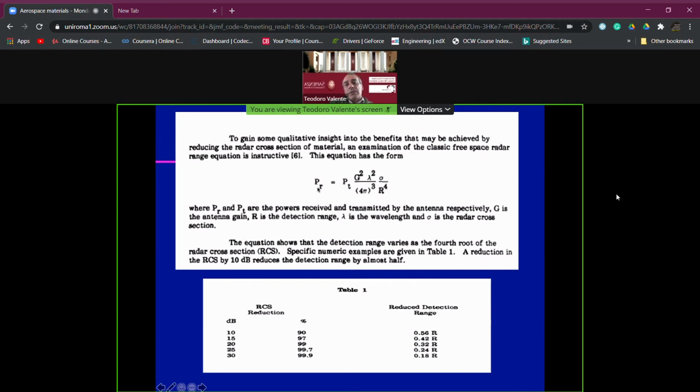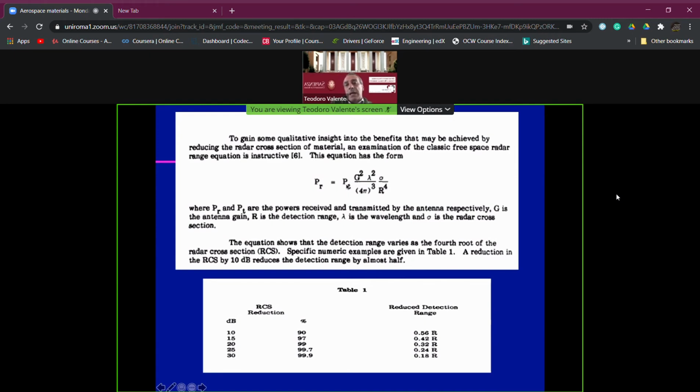At the first member of the equation we have PR, which is the power received by the receiver, thinking now that the radar is going to work as a receiver.